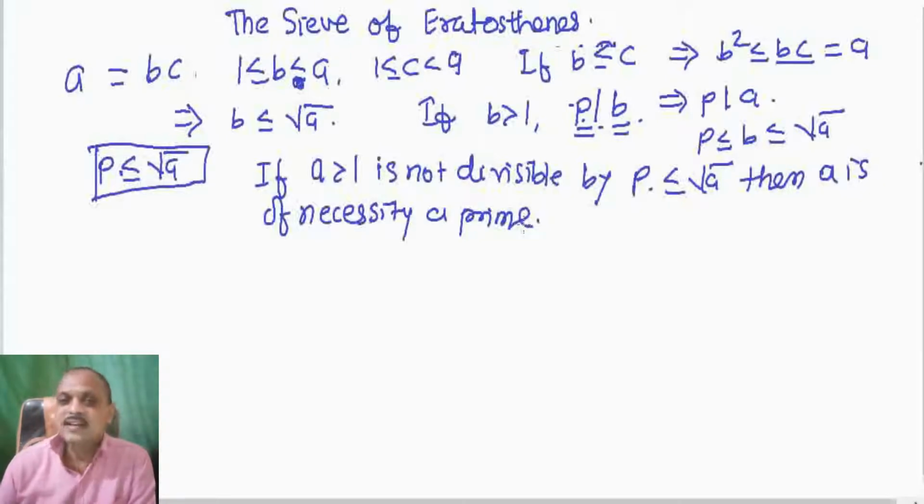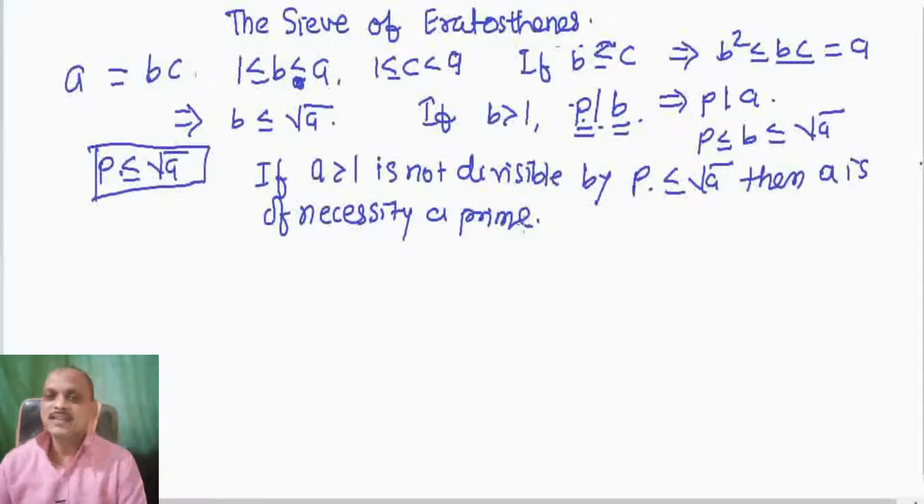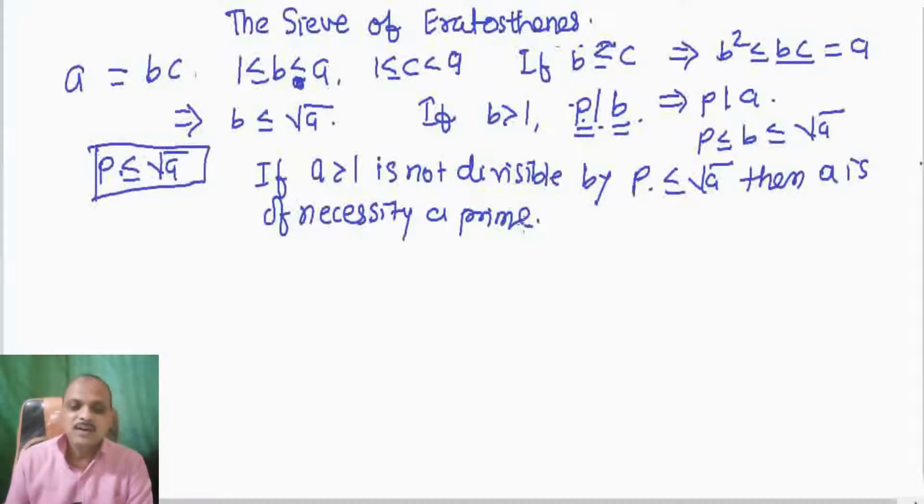This technique is used by Eratosthenes to list all the primes below a number a, and that is why it is called the sieve of Eratosthenes. What is that technique actually? Suppose we want to list the primes below 100. This is my a.